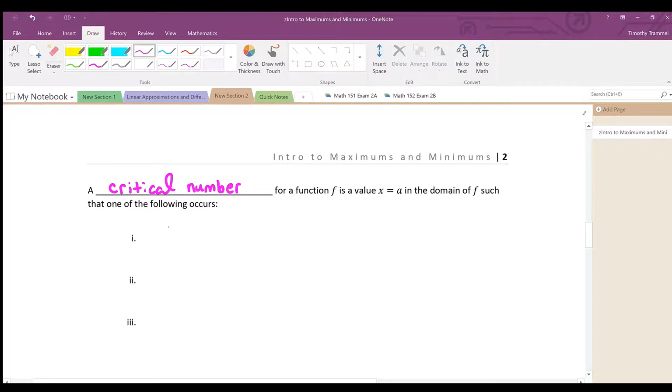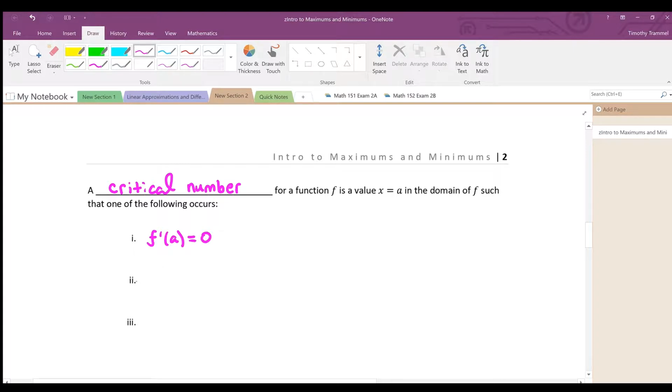All right, and one example of a critical number is x equals a, right? We're talking about values x equals a such that f prime of a is equal to 0.